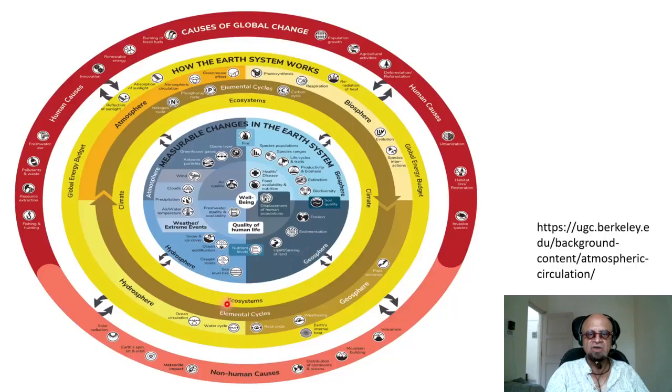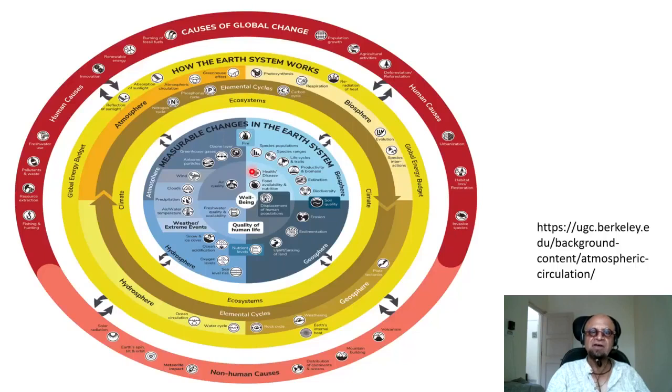And of course ecosystems, you can see changes in forest cover, vegetation cover, agricultural land. And hydrosphere, we are changing where evaporation is happening, where rain is falling and how much rain is falling, how much snow is falling, how many glaciers are melting and so on and so forth. So there are many details inside.